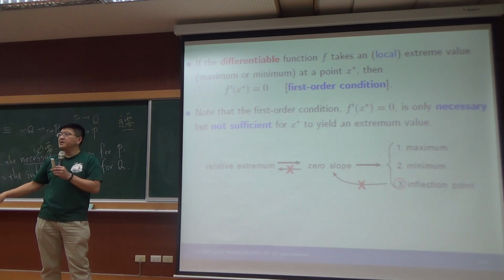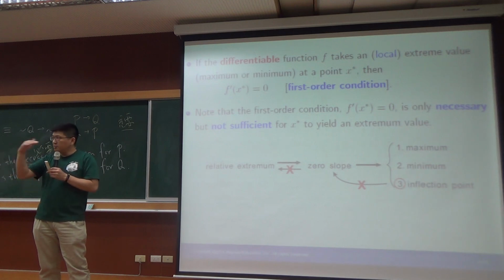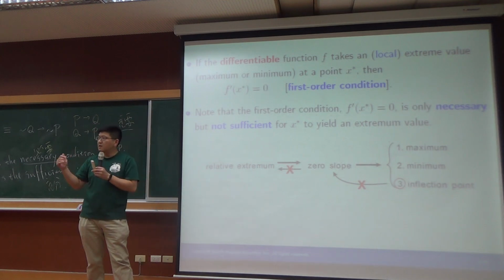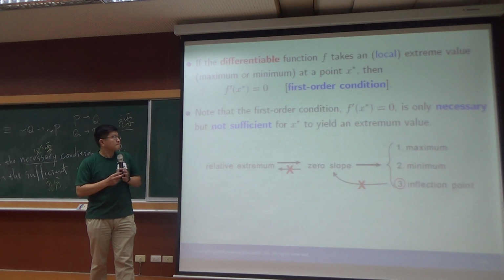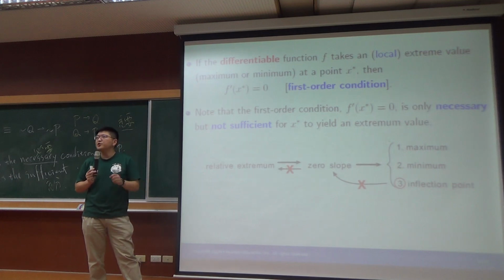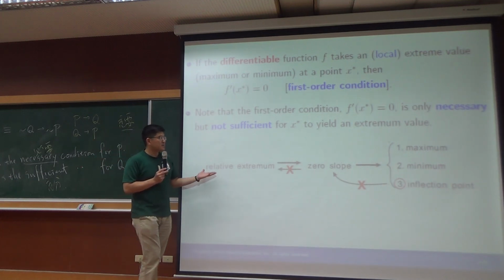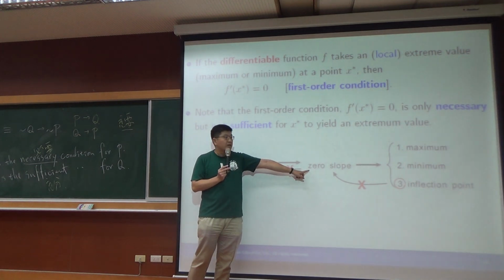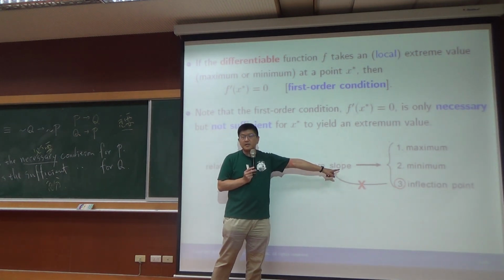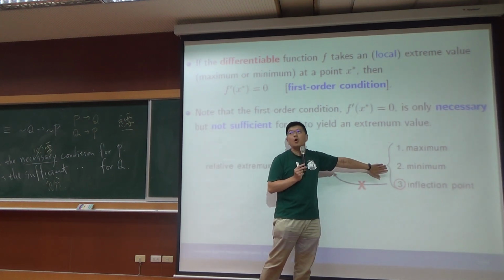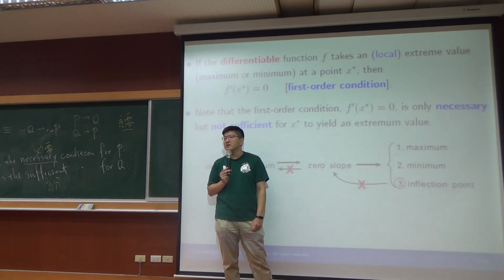So the first order differentiation represents the slope, okay? And we say this condition is just necessary, not sufficient, because we have this relationship. If x star is a relative extreme, then it must have a 0 slope. But with a 0 slope, the point can be a maximum or a minimum or an inflection point, okay?